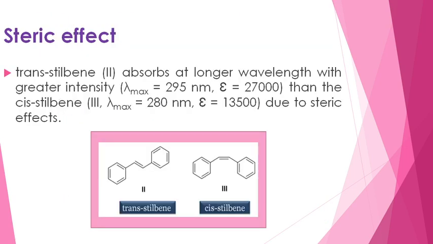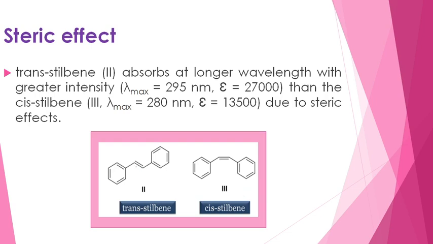Now, we are moving to the next slide: the steric effect. What must be the steric effect on the UV absorption? Here I am taking simple geometrical isomers. This is stilbene, which has a trans isomer and a cis isomer.